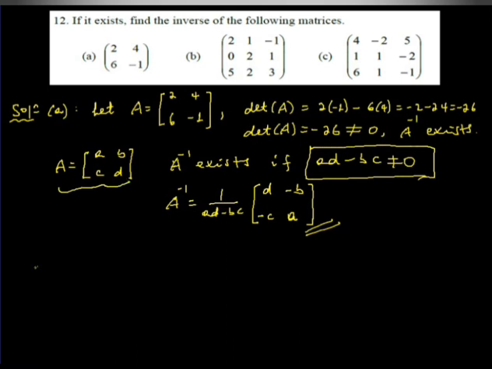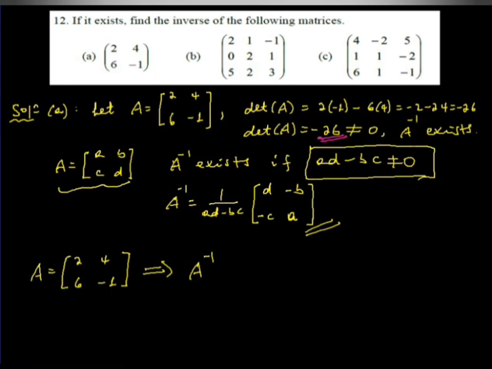Now, what is our matrix A? Matrix A is given by 2, 4, 6, minus 1. So what will happen? We said the inverse of this matrix exists because the determinant is different from 0.